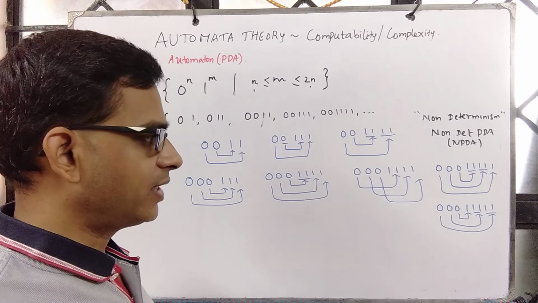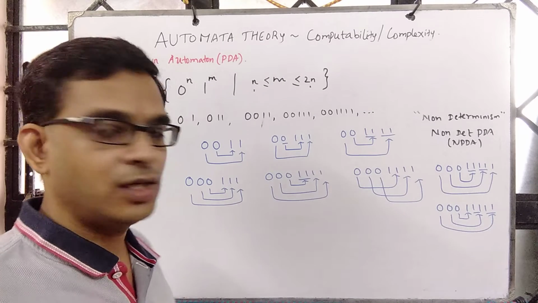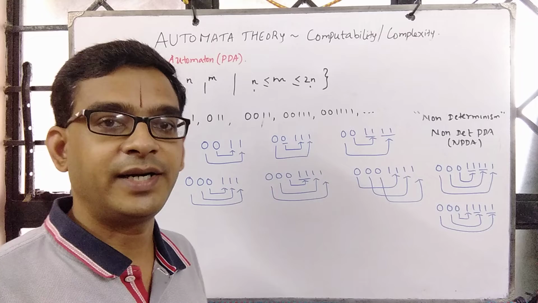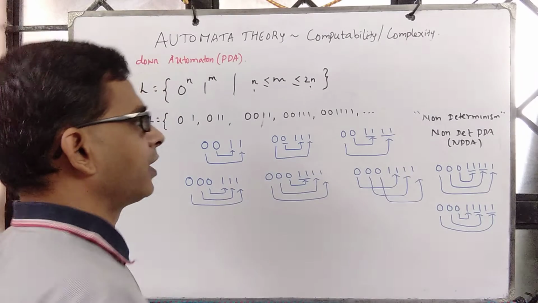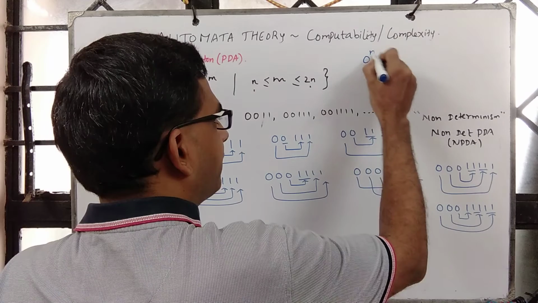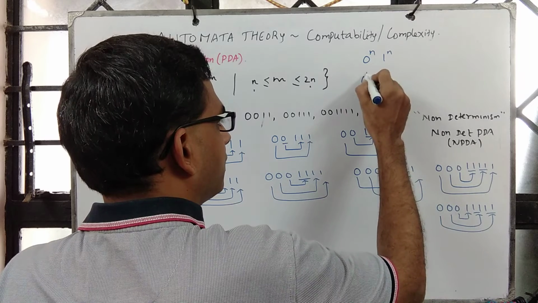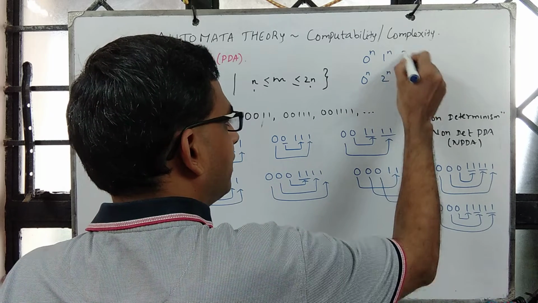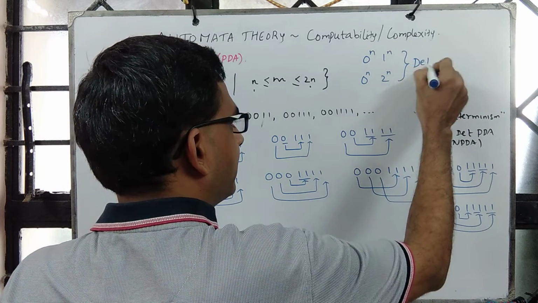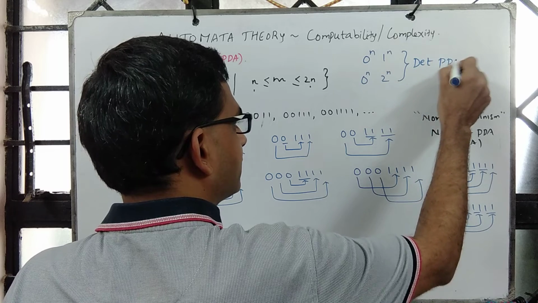It was pretty clear that 0 corresponds to 1 or 0 corresponds to 2 ones at every stage. So 0 power n 1 power n, 0 power n 1 power 2n, both are deterministic PDAs.